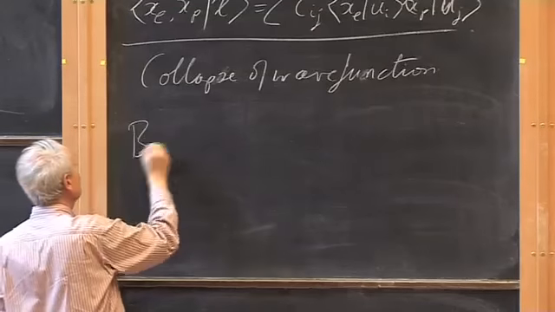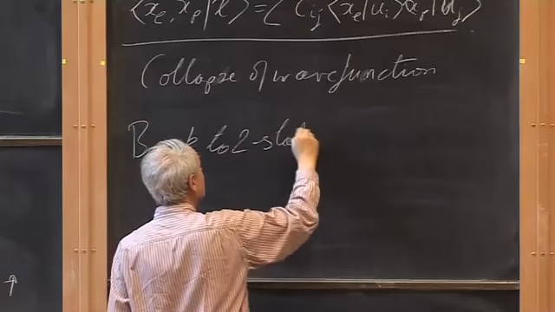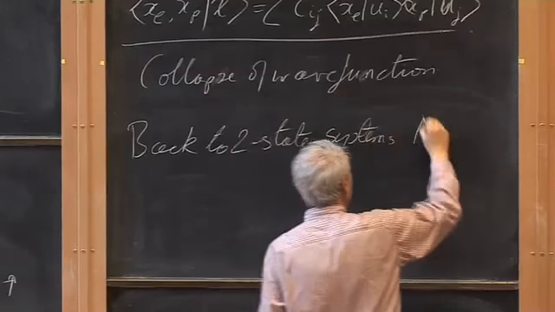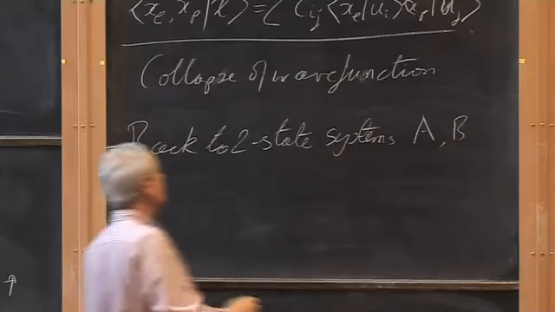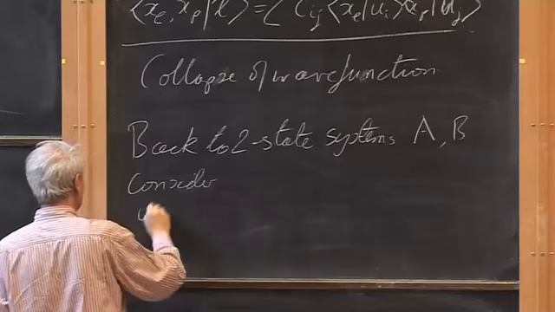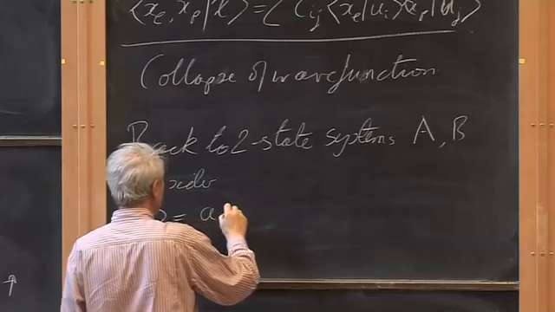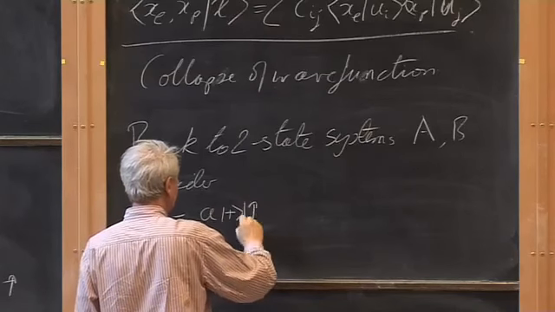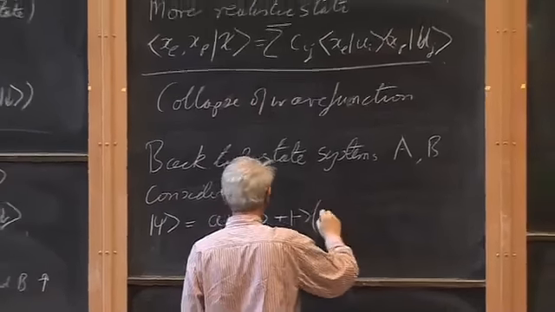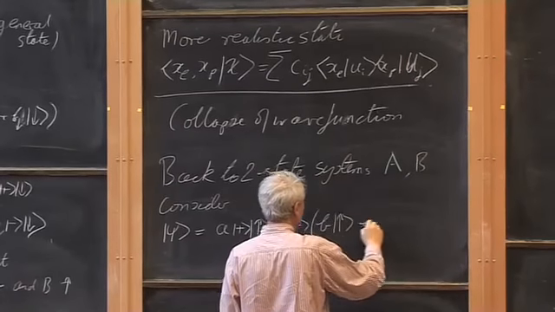So we go back to the two-state system, A and B. And consider this particular state, psi, which is equal to A times plus up plus minus brackets B up plus C down.